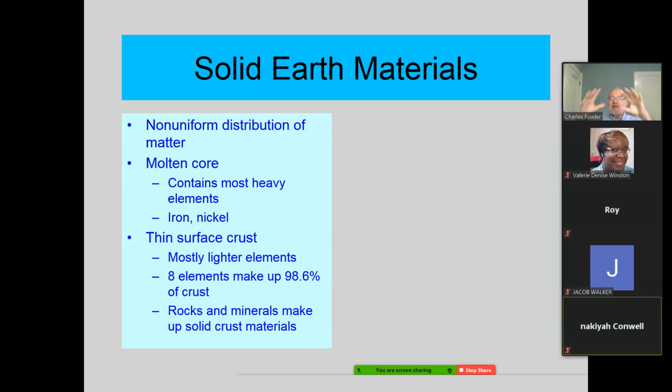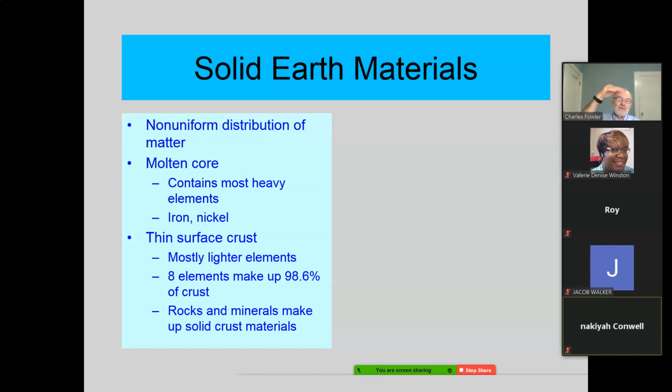So, non-uniform distribution of matter. On the surface, we got a whole bunch of stuff. We got soils, we got rocks, we got elements, we got various things. Even under the water of the oceans, you got materials there. But under that, way under that, you got a molten core.